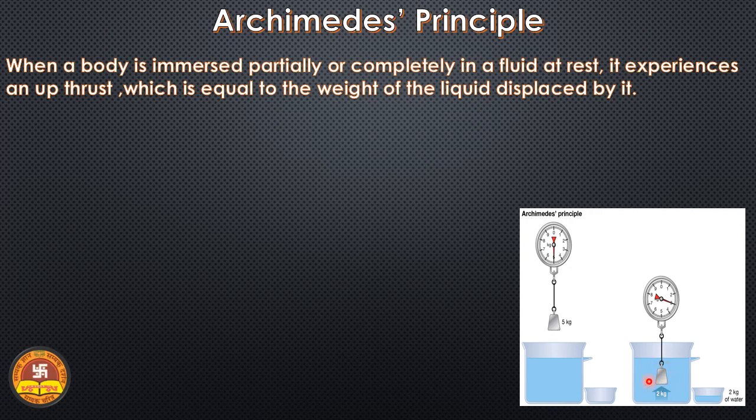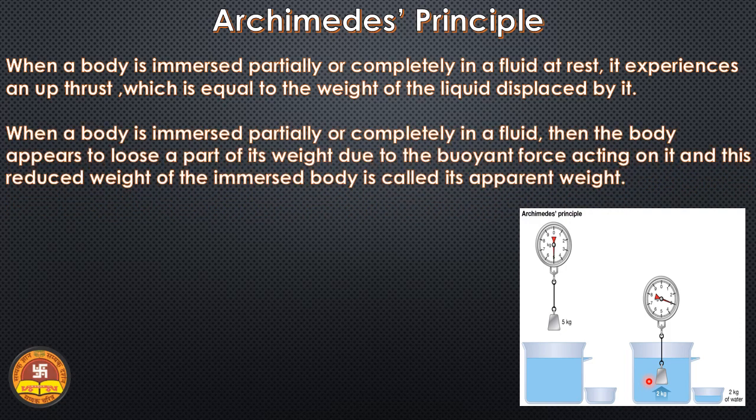Okay, now here when a body is immersed partly, means partially or completely in a fluid, then the body appears to lose a part of its weight due to the buoyant force acting on it, and this reduced weight of the immersed body is called its apparent weight, means the loss in weight.